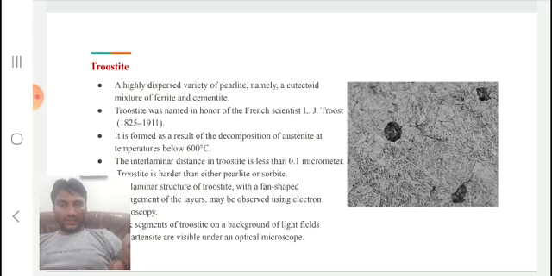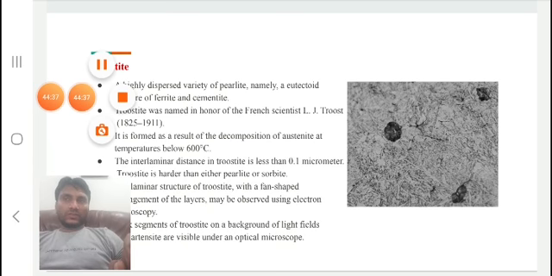So all these are formed at different temperature zones. The only thing is we have to bring the metal to that particular temperature, and we should hold that metal at that temperature until the entire austenite transforms into the required microstructure.